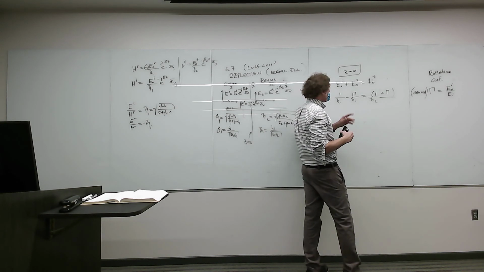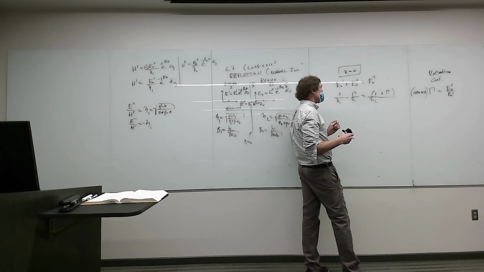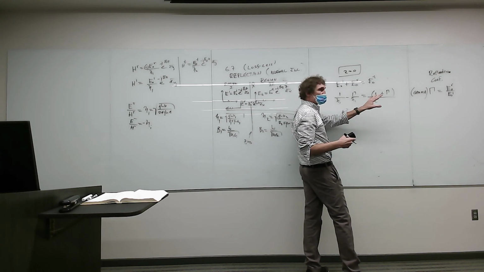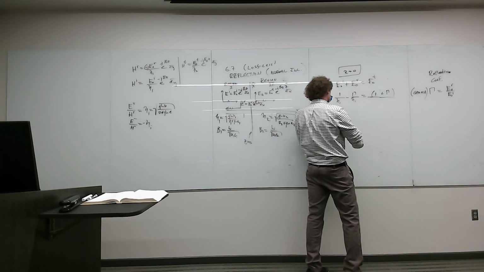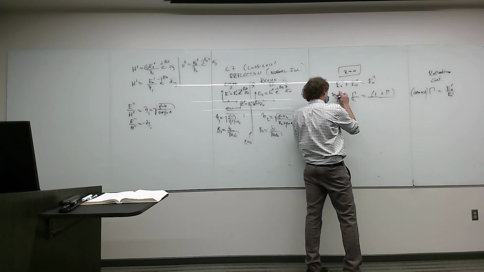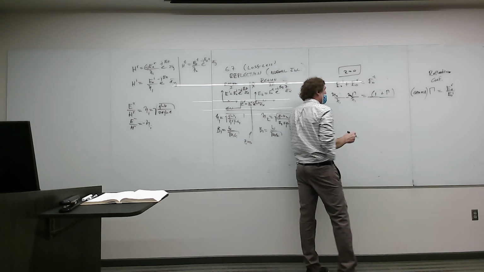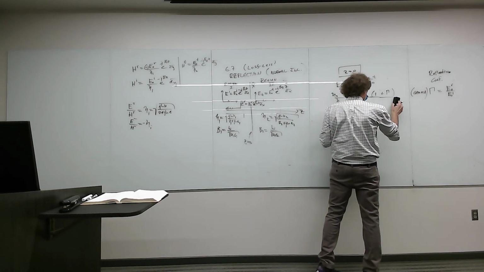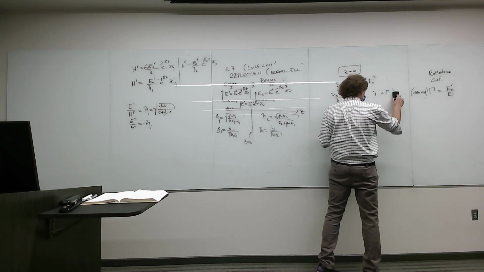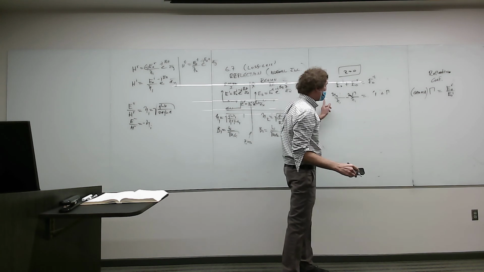Back to this. I want to solve for gamma, right? So how would you solve for it? Well, you got to get gamma on one side, correct? How about we multiply everything by eta 2 for starters? Right? Y'all with me there? Now, next thing I'm going to do, I'm going to subtract 1 from this side.